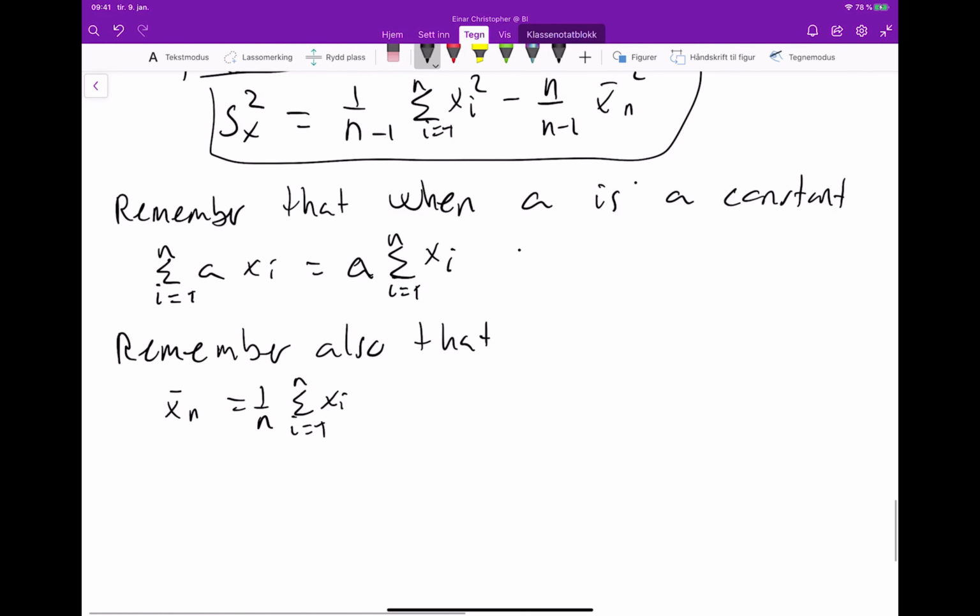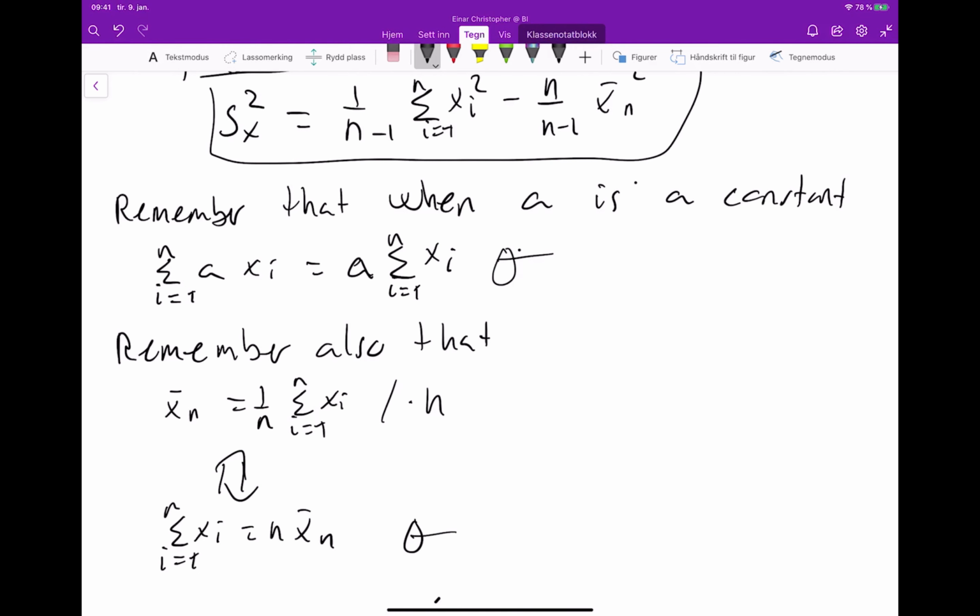This is equivalent, because I can just multiply with n on both sides, so we get that the sum of the xi's from i equal 1 to n is equal to n times x bar n. So this we have to know, and this we have to know.